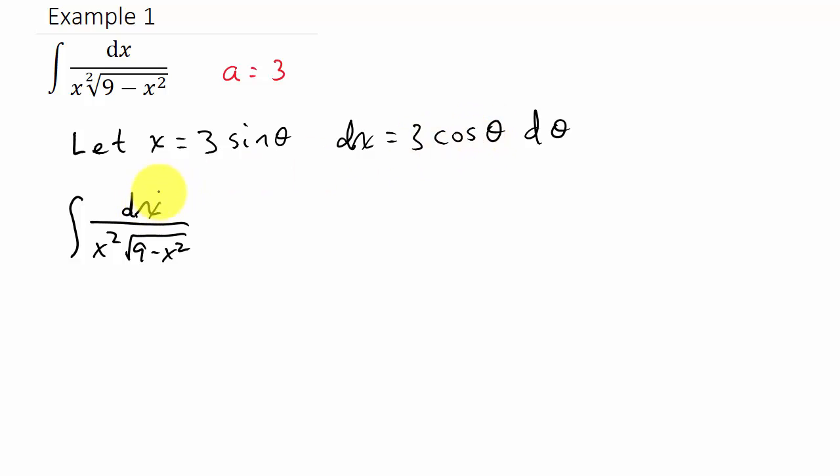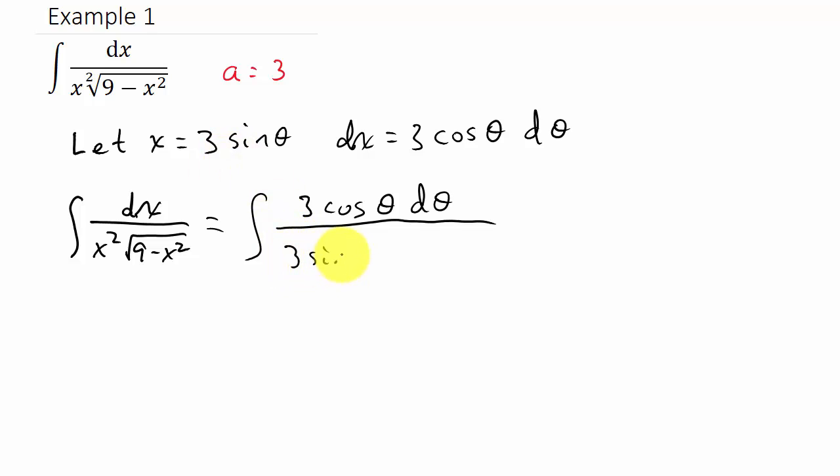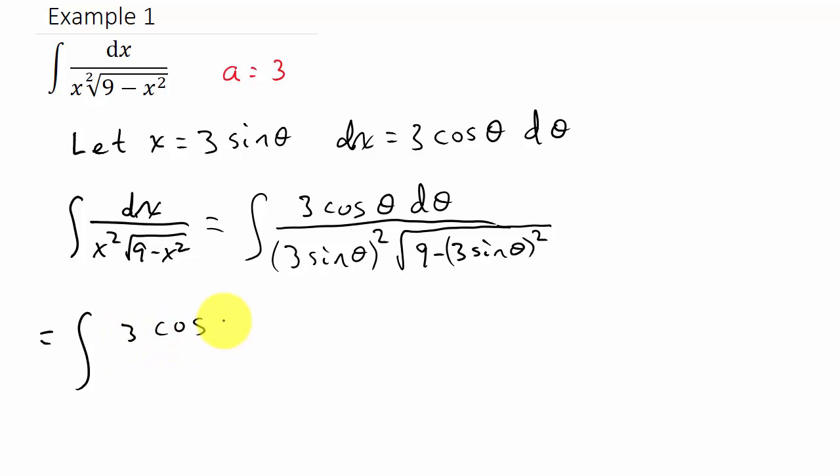So that gives us 3 cosine theta d theta over 3 sine theta squared times the square root of 9 minus 3 sine theta squared.